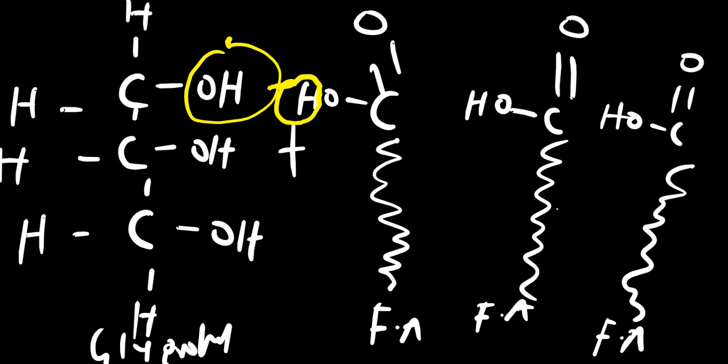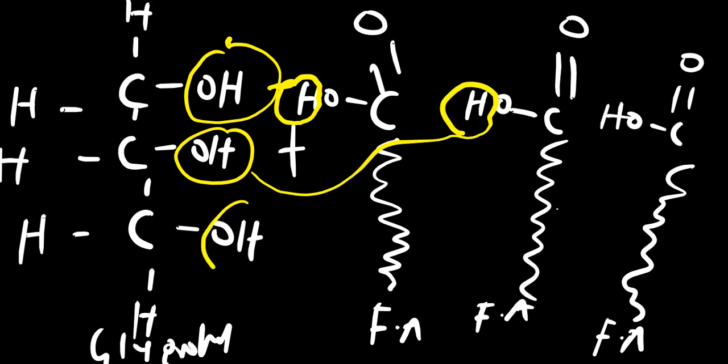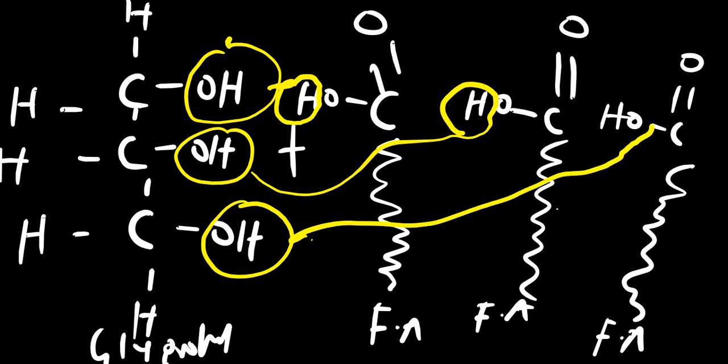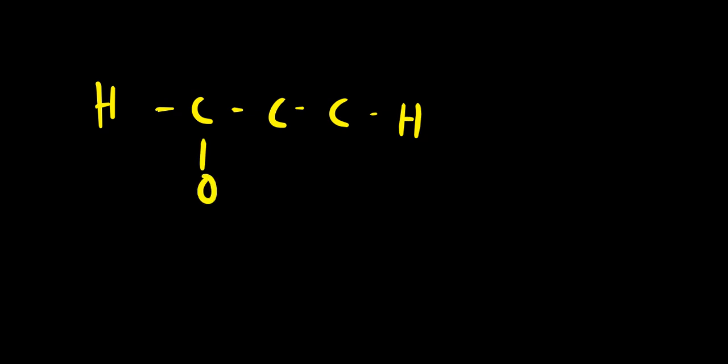In this case, this one will go and react with the OH there, and this one will go and react with the OH there. So what you form after this happens is a molecule that, we've got hydrogens on top.